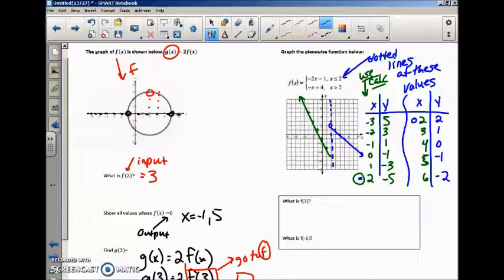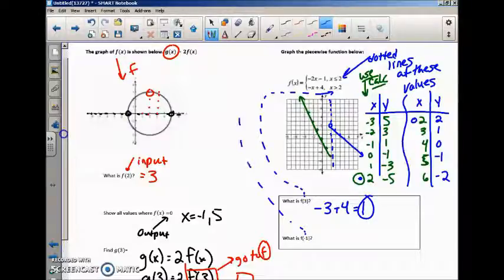So these are my two sides of my piecewise function. Now down below, it's simply asking, where do you plug this thing in? So if it's f of 3, plug in 3 where 3 is allowed. If it's f of negative 1, plug in negative 1 where it is allowed.